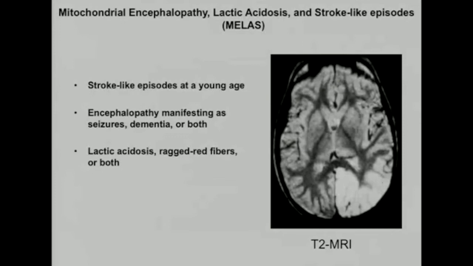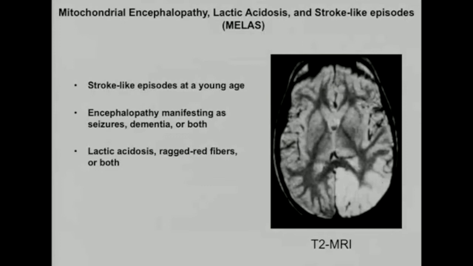But Dr. Pavlakis pointed out that they were atypical. Why? One is, as it says here, they occurred in young people, usually. Not always, but they often occurred in patients before age 40. And the other reason is that they didn't conform to large vessel territories. It doesn't look like a clot in a large vessel of the brain. These stroke-like episodes usually affect the cortex, so they look different.